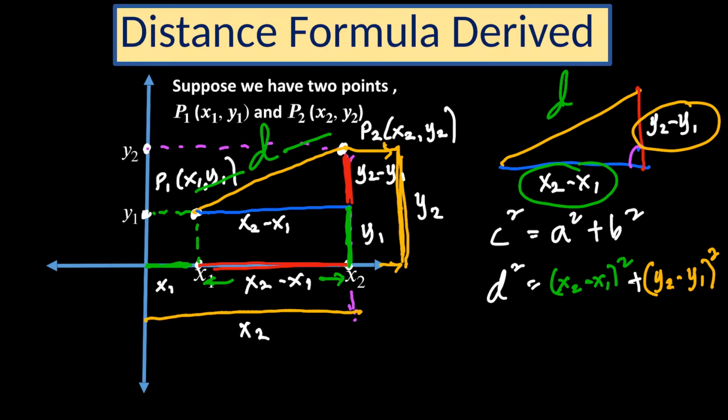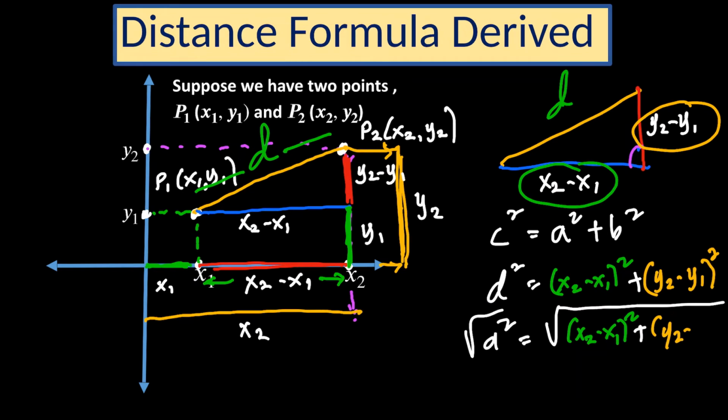So to solve for D, we simply have to take the square root. We take the square root of D squared, and also the square root of x sub 2 minus x sub 1 squared plus y sub 2 minus y sub 1 squared.